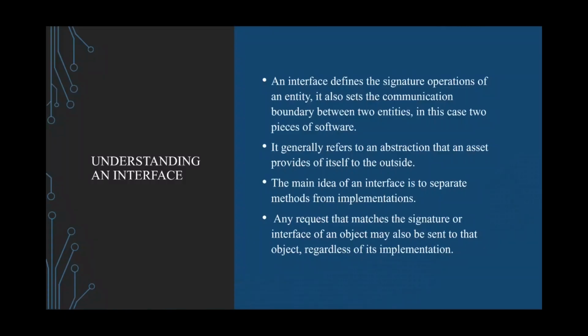Now, an interface defines the signature operations of an entity, like the whistling. It also sets the communication boundary between two entities, in the case of two pieces of software. It generally refers to an abstraction that an asset provides of itself to the outside.